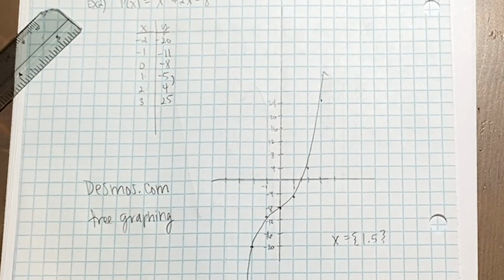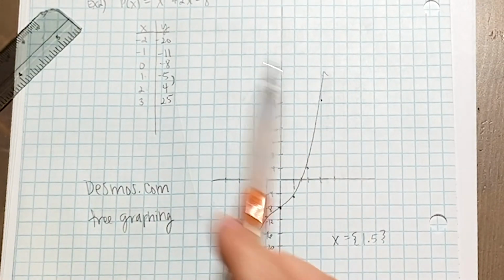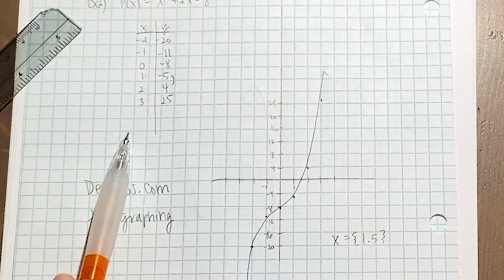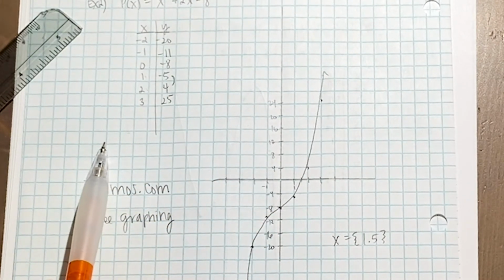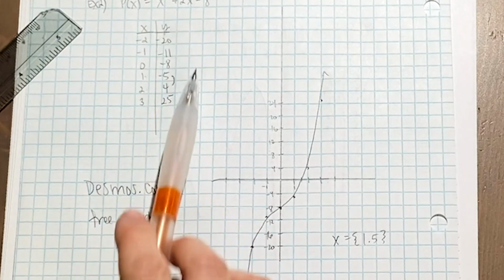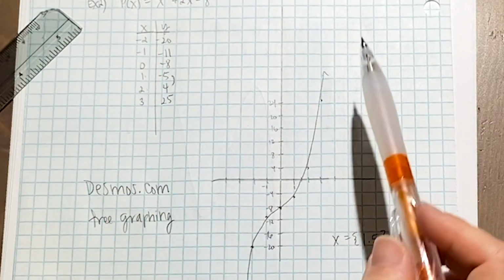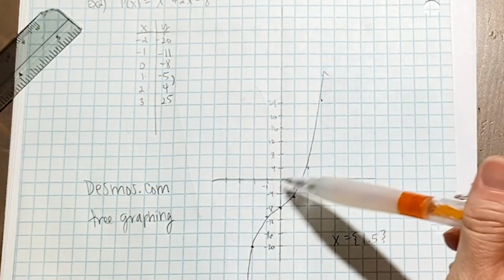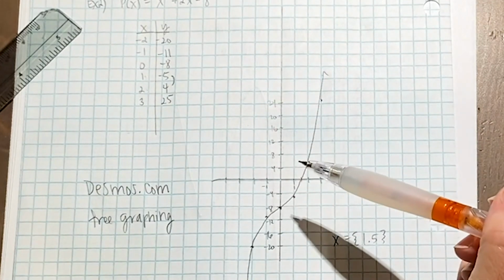Sometimes the roots will be given for you so that you know where to start, and then sometimes you might have to make a list of possible roots so you know where to start. And there will be one graphing question on the test. One question from today's notes. I will give you a blank graph and an equation, and I will give you a table with the x values already selected for you. So you'll have to fill in the y values, plot the points, and then smoothly connect them with the curve.